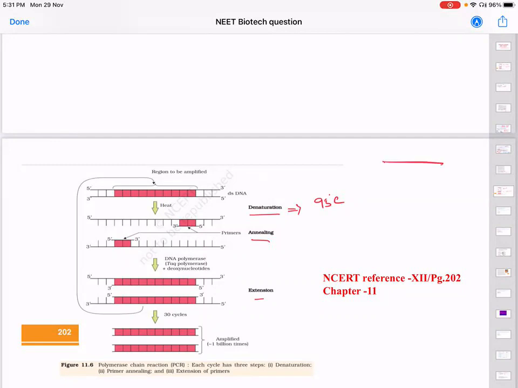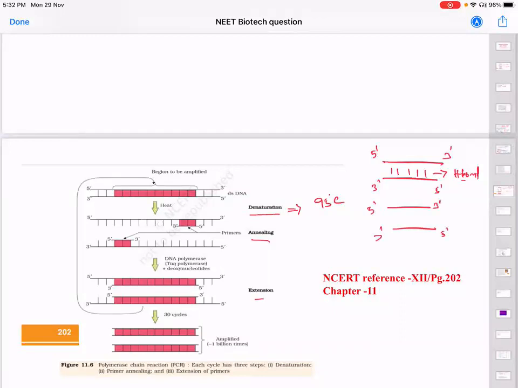The 2 strands of DNA are attached by a bond called hydrogen bond, sitting between the nucleotides of the 2 strands. When you supply heat, this heat will break the hydrogen bond. Say if this is 5 prime to 3 prime, this is 3 prime to 5 prime. This heat-induced disruption of hydrogen bonds will result in separation of these 2 strands.